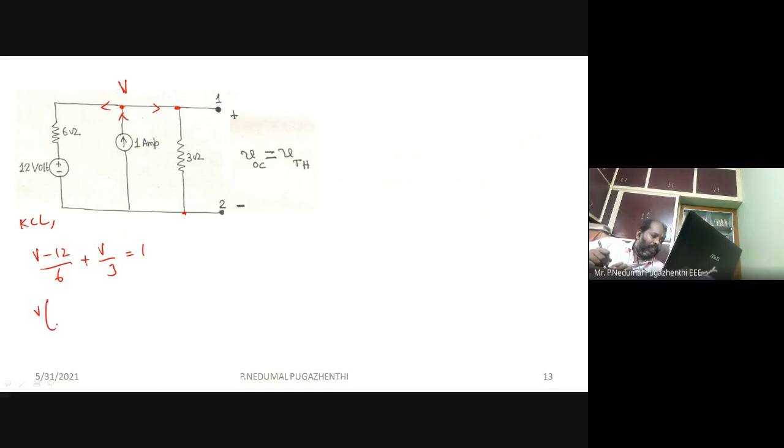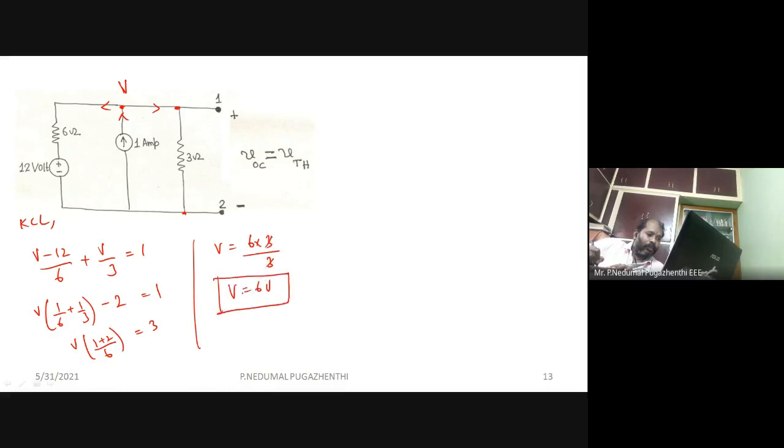I will write it like V times (1 by 6 plus 1 by 3) minus 2 is equal to 1. The LCM is 6, so 1 plus 2 is equal to 3. So V is equal to 6 into 3 divided by 3. So I will get V is equal to 6 volt.